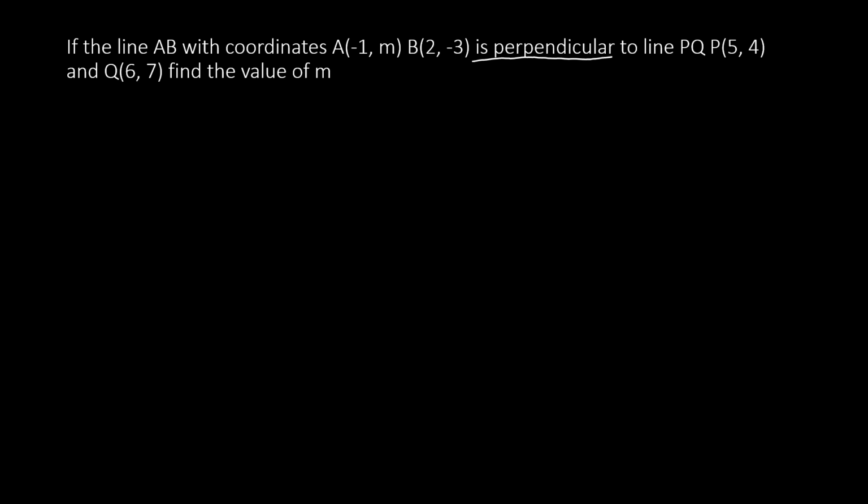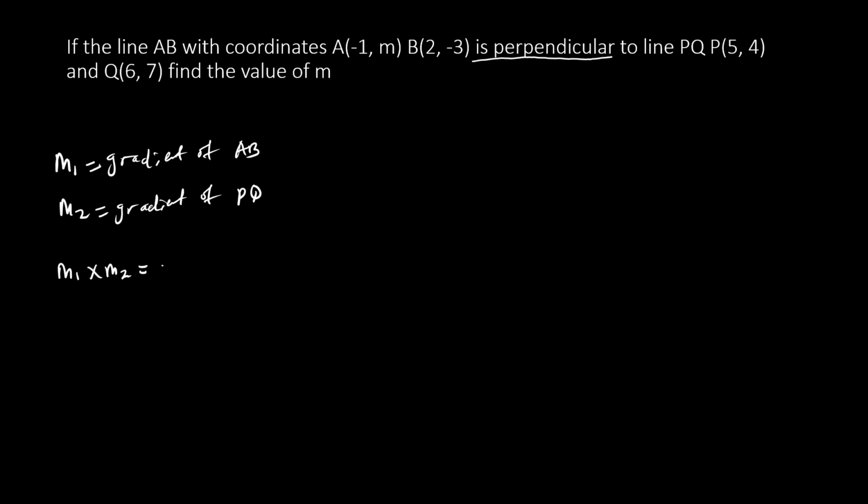Therefore, assuming that m1 is the gradient of AB, while m2 is the gradient of PQ, m1 multiplied by m2 must be equal to -1, which is the condition for perpendicularity.